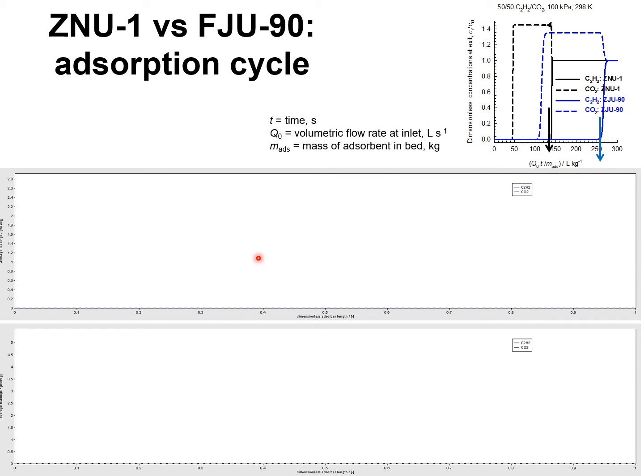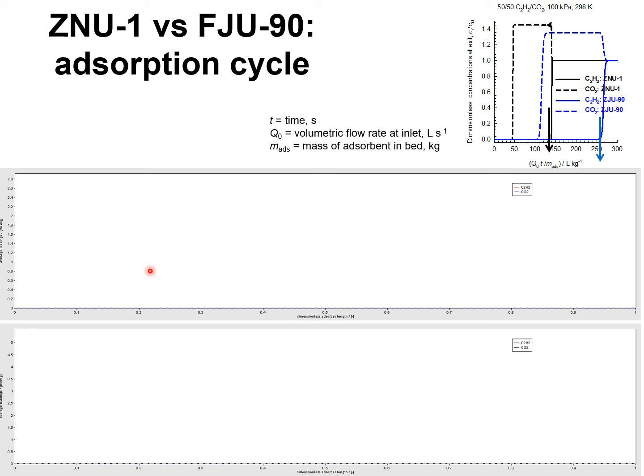For this purpose, we shall examine the animations for the average loadings in the adsorber as a function of the adsorber length. The y-axis plots the component loadings for ZNU1 as a function of the adsorber length, and this animation to be shown plots the component loadings in the adsorbed phase as a function of the adsorber length for FJU90.